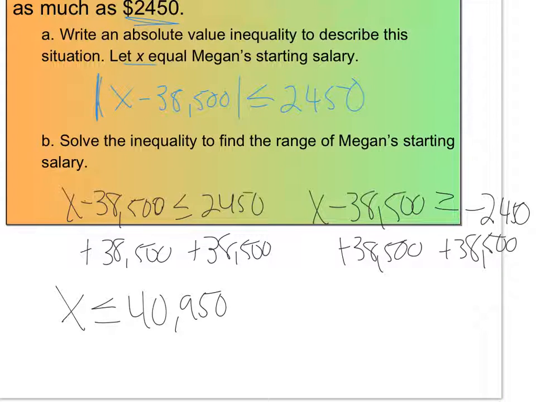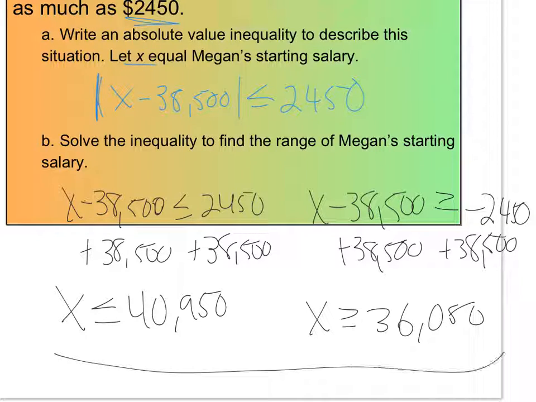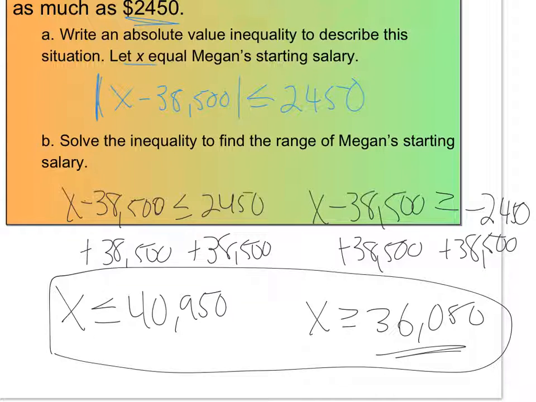And then $38,500 minus $2,450 is going to be X greater than or equal to $36,050. So now this is her range of her salary. Low end is $36,050. High end is $40,950.